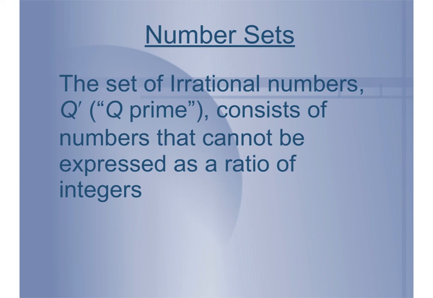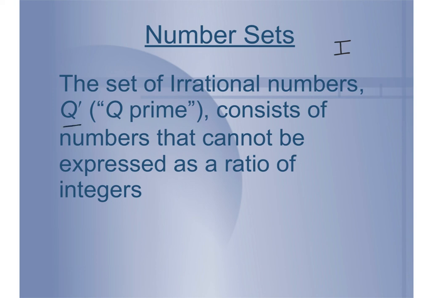I will say that irrational in the math world is most often done with an I, okay? So instead of using Q prime, we're going to use I. Z is integer, I is irrational. In the book, it seems like they use Q prime all the time, so you need to know what it means.